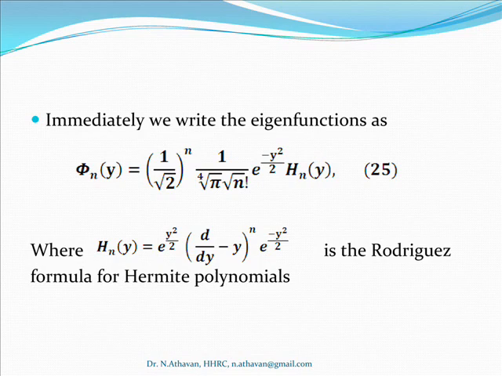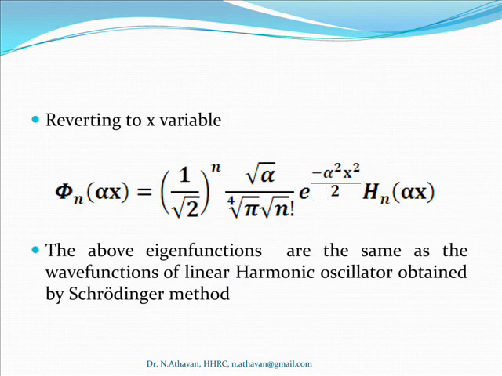So in the place of e power y square by 2 into d by dy minus y to the power n e power minus y square by 2, we write Hn of y.